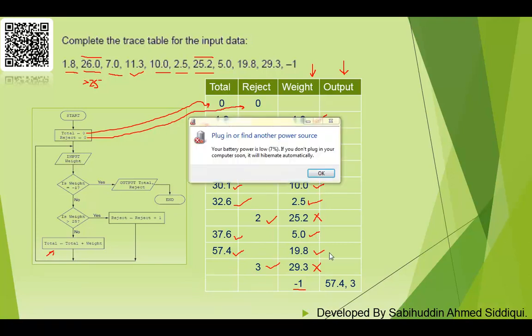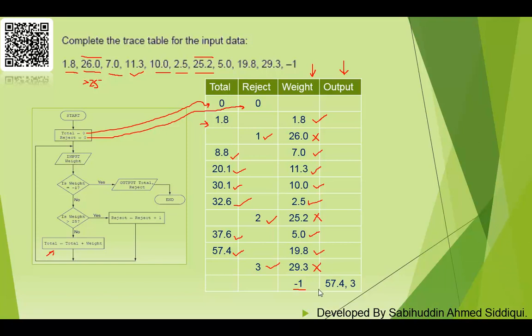Now the output will be generated: the total of the values up to 19.8 has been calculated, so 57.4 is the total weight input, with 3 rejections.